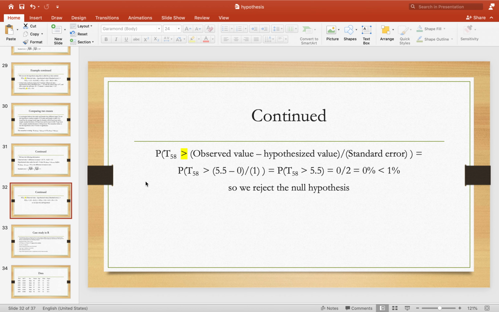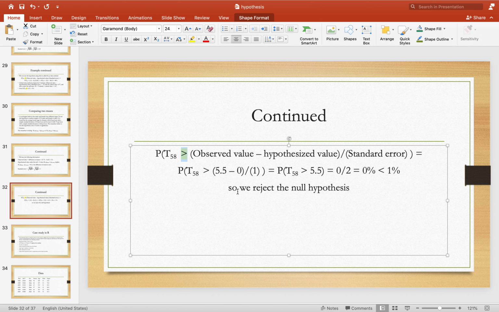Now, I'd just like to point out here this greater than. It came from the fact that our alternative was that the mean wage of males was greater than that of females. And if we see a value of this that's positive, that indicates that the mean wage of men is greater than that of females.